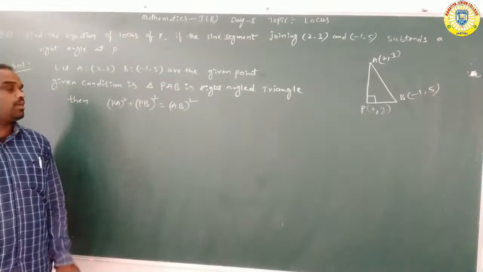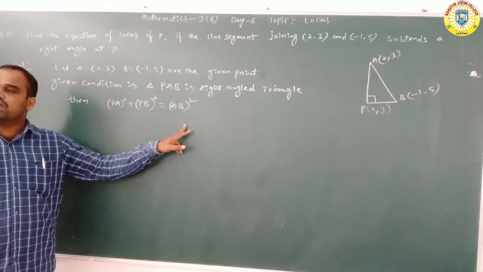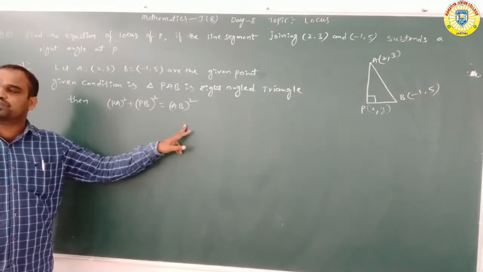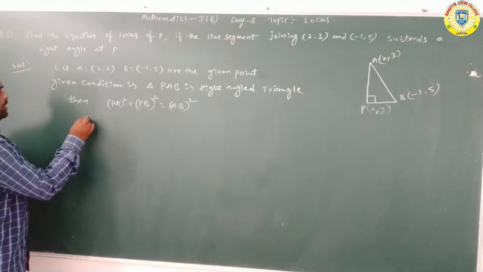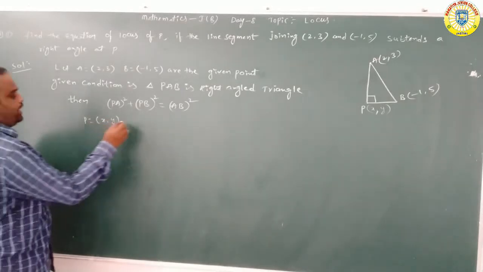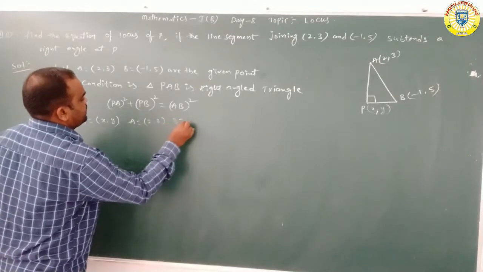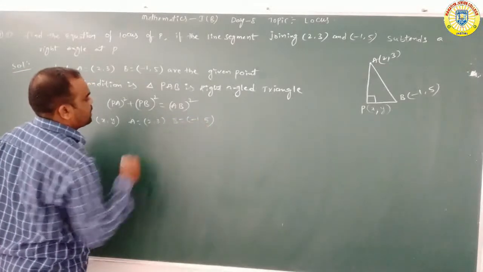This is the given geometrical condition. By using this condition, we can find the algebraic equation. P is (x, y), A is (2, 3), and B is (−1, 5).